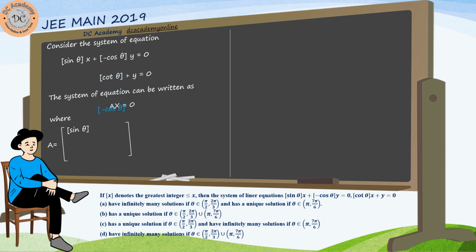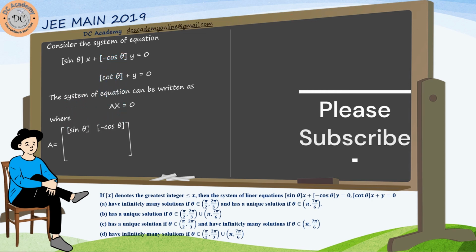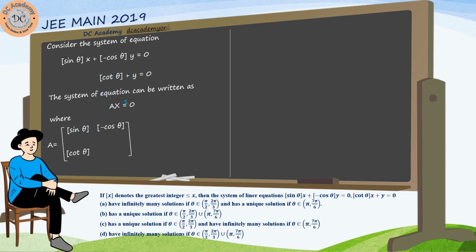First row, second column will be box of minus sine theta minus cos theta, and then it will be box of cot theta and obviously 1. Also, x is the variable matrix, so here it will be x and obviously y. So we obtain Ax equal to the zero matrix.